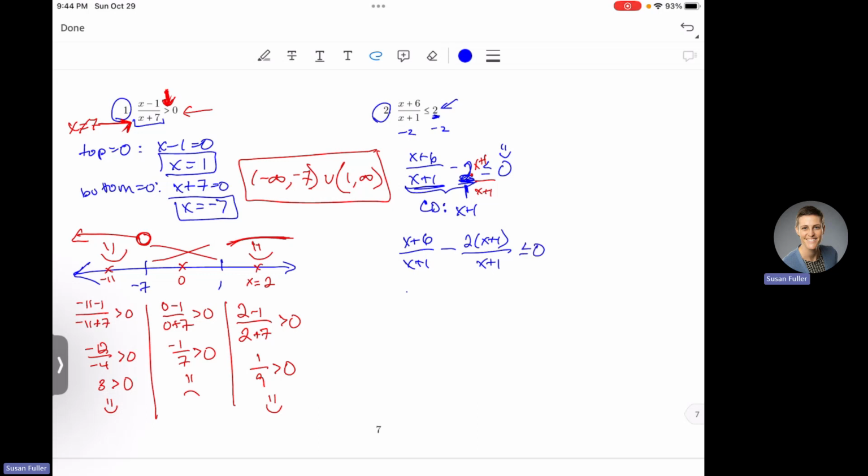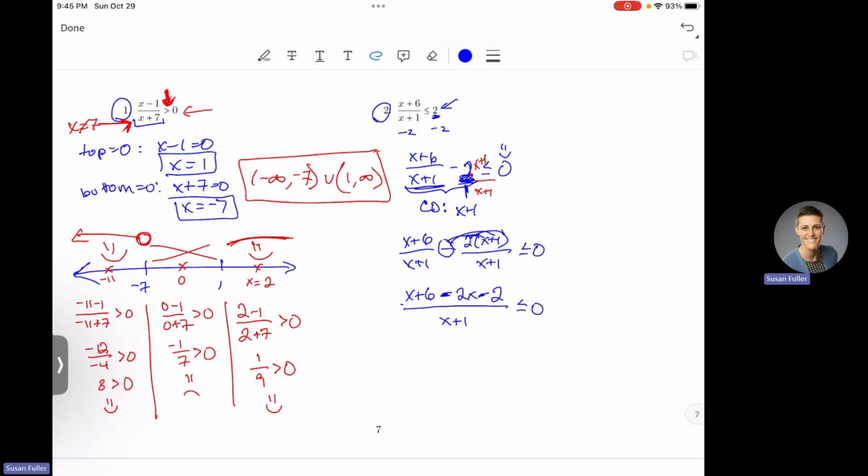So now that I combine these, I'm going to get x plus 6 minus 2x minus 2. So I distributed the 2 and I distributed this negative. So it's minus 2x minus 2 all over my common denominator of x plus 1.